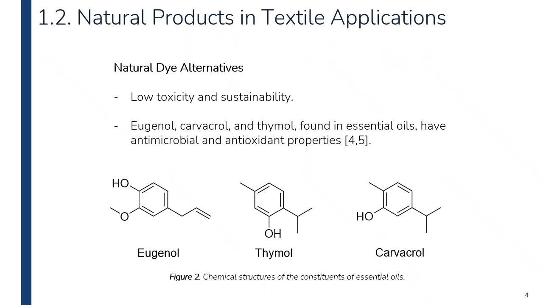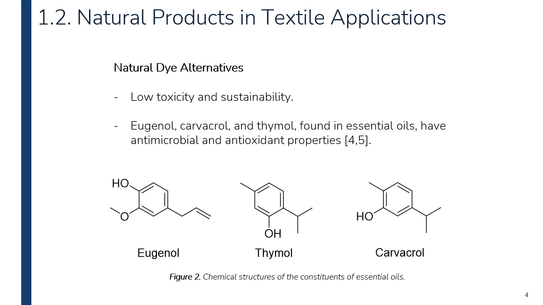So, the replacement of synthetic dyes with natural compounds has gained attention due to their lower toxicity and also their low environmental impact. Eugenol, carvacrol, and thymol, found in essential oils, exhibit antimicrobial and antioxidant properties, making them potential precursors for the synthesis of azo dyes.